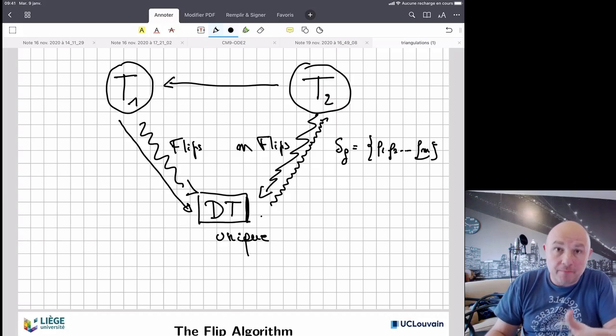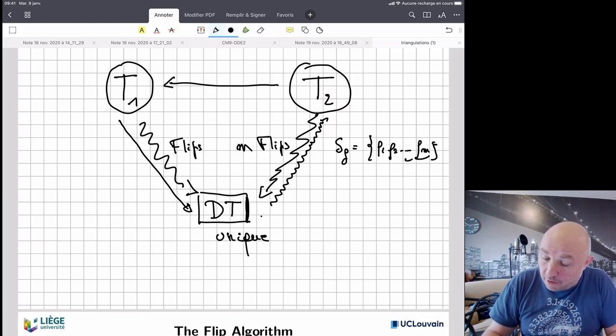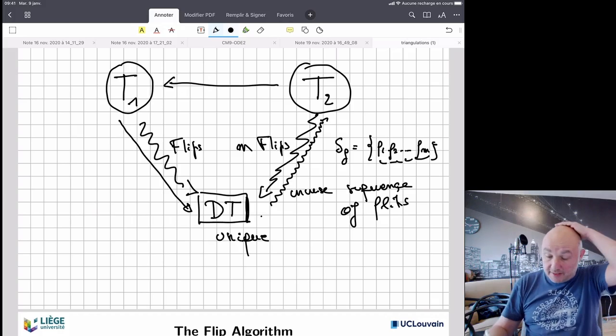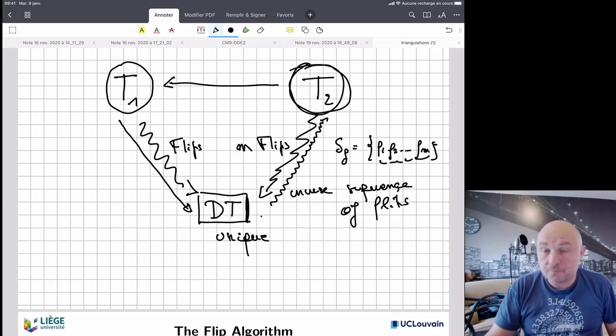You undo the last flip by unflipping, and then this one, and then this one, so you do the inverse sequence of flips, and then you go to T1.